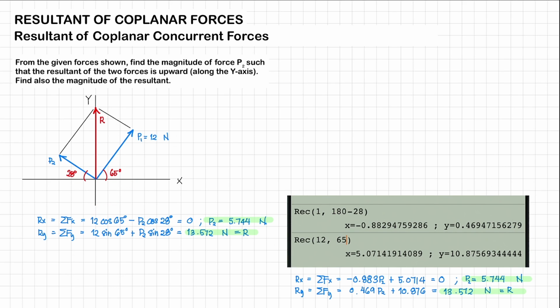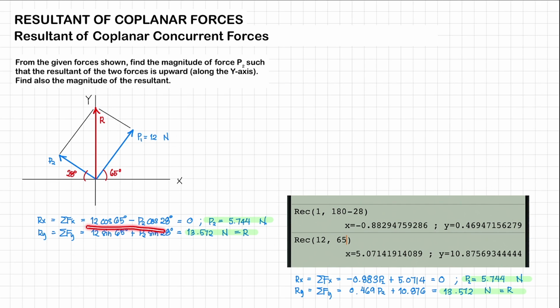And then for our P2, the horizontal component is going to be negative, since we're assuming a positive direction going towards the right side. So it's going to be negative P2 cosine 28 degrees. And the whole thing must be equal to 0, because the resultant is acting along the y-axis. So there's no horizontal component. That's why it's equal to 0.